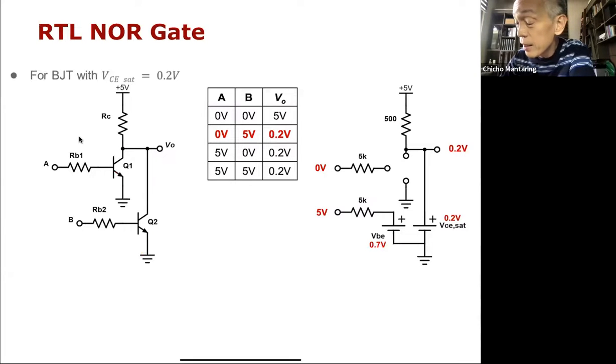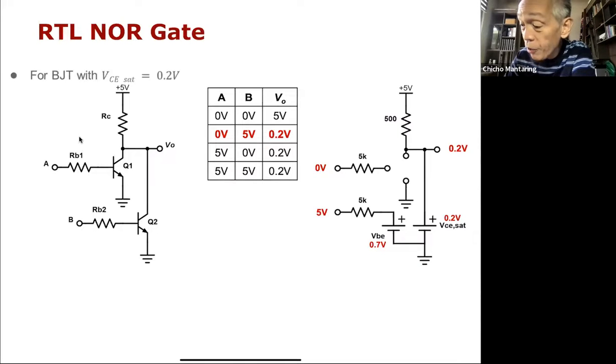So notice that when both inputs are 0, then both of these are cut off, and therefore yung output natin will just be equal to 5 volts. Hanggang anong voltage pwede yon? Hanggang 0.7, no? In this particular example, hanggang 0.7. Kasi hanggang 0.7, cut off yung Q1, cut off yung Q2. So 5 volts pa rin yung output, no?